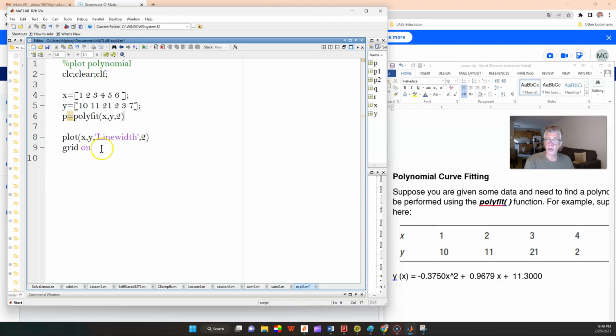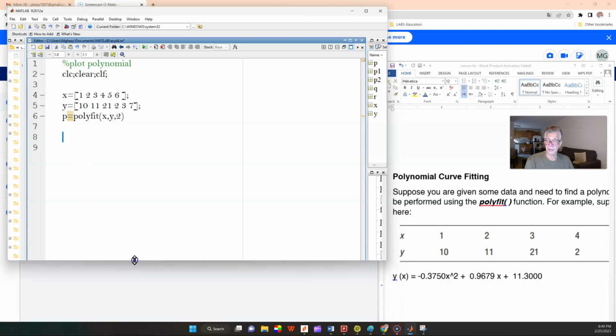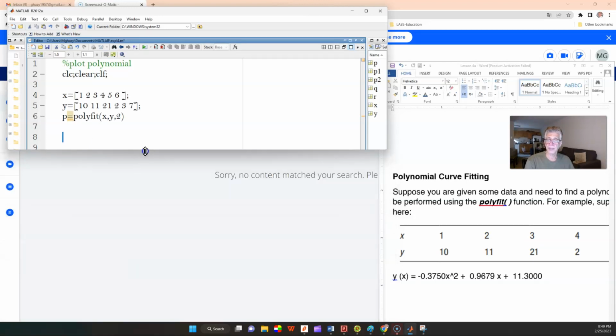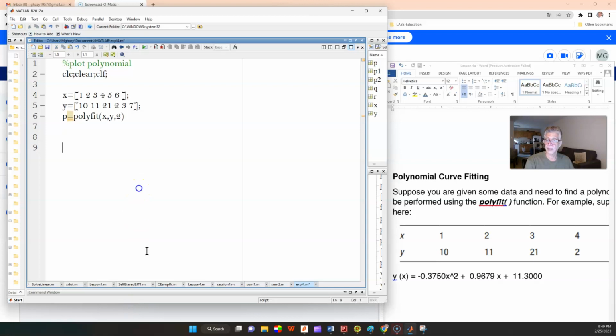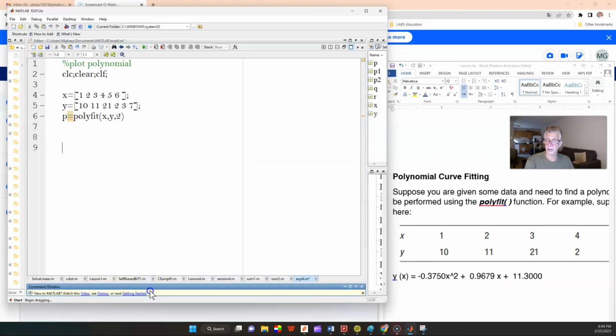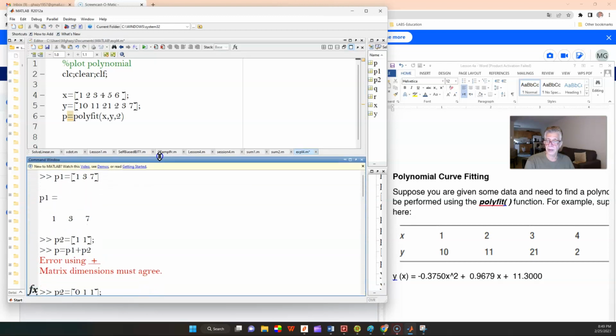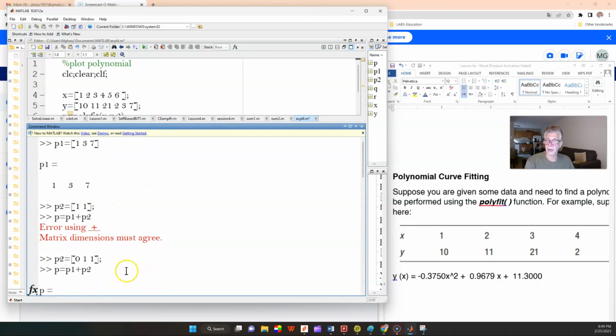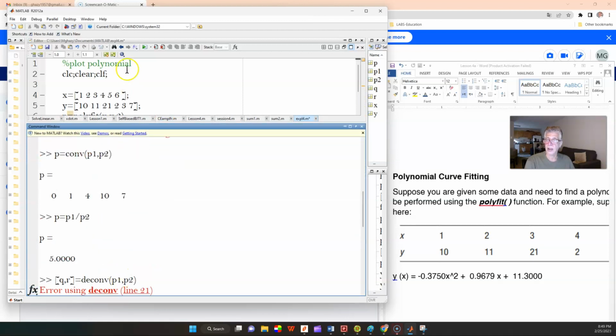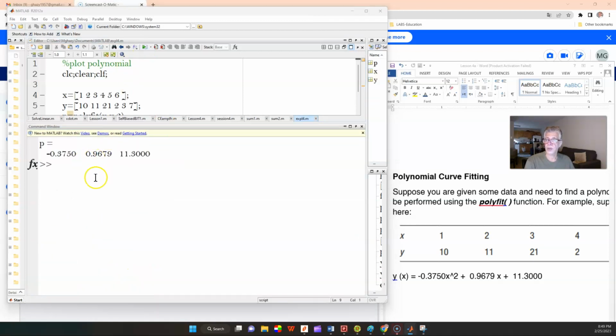I don't want to sketch anything now. I just want to know what polynomial fits this data. So let's go here and run the program. Okay, it gave me the polynomial here.